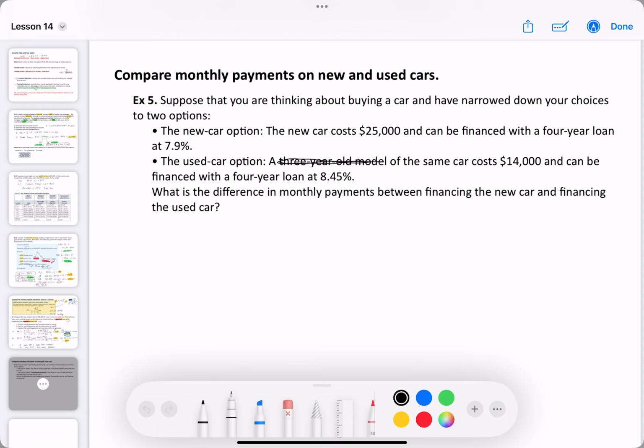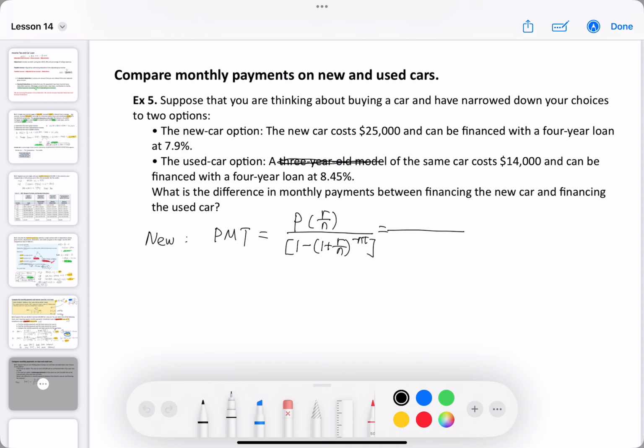Okay, let's find what the PMT is for these 2 cars. So for a new car, the PMT has the formula, which is the principal, or the total amount of money, the cost of the new car, multiplied by R over N, all divided by bracket 1 minus 1 plus R over N to the negative NT's power.